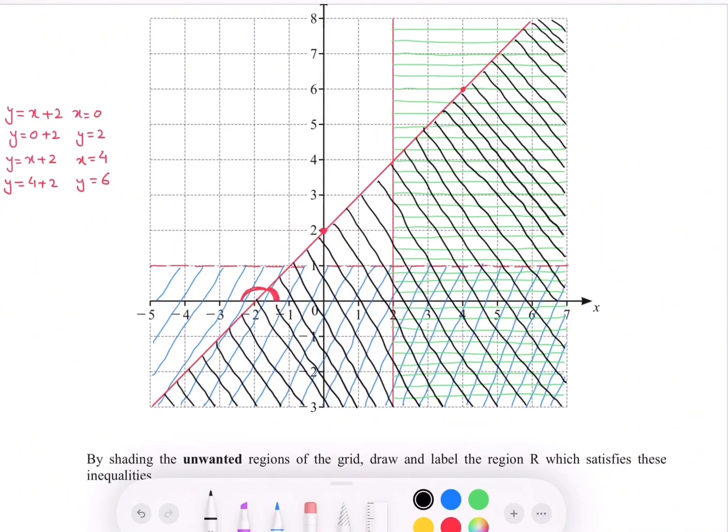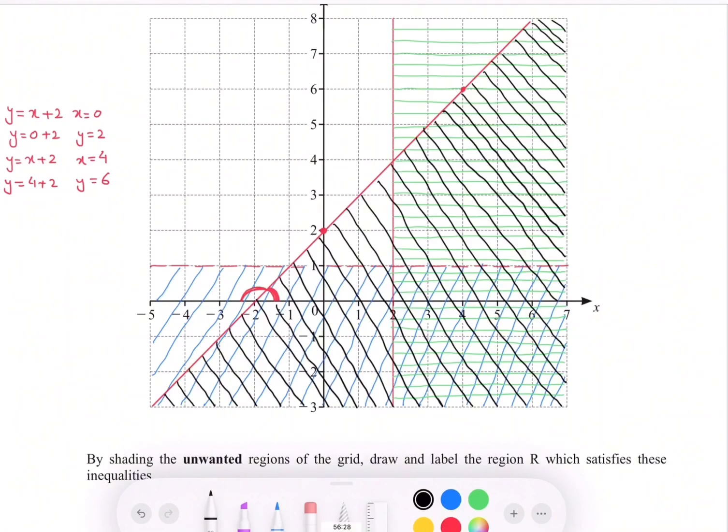Now actually he said that you have to label the region R which satisfies these inequalities. So you can clearly see the white portion of this graph where all these three inequalities are satisfied. We have to write R on it.